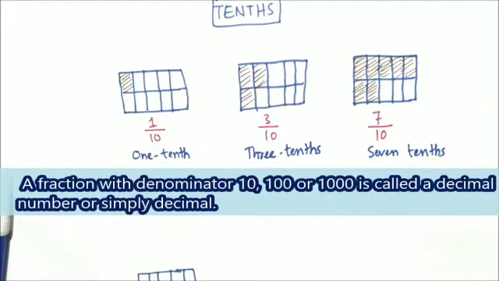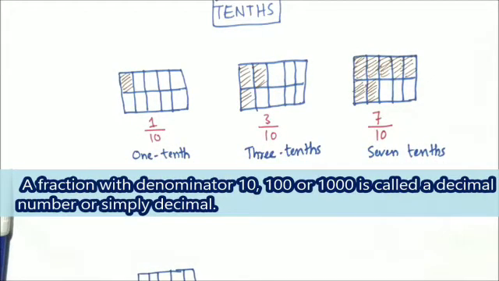A fraction with the denominator 10, 100 or 1000 is called a decimal number, or simply decimal. That means we will deal only with fractions whose denominators are 10 or 100 or 1000. Except them, we will not discuss any other kind of fraction. In this part of decimals we will discuss only this type of fraction.